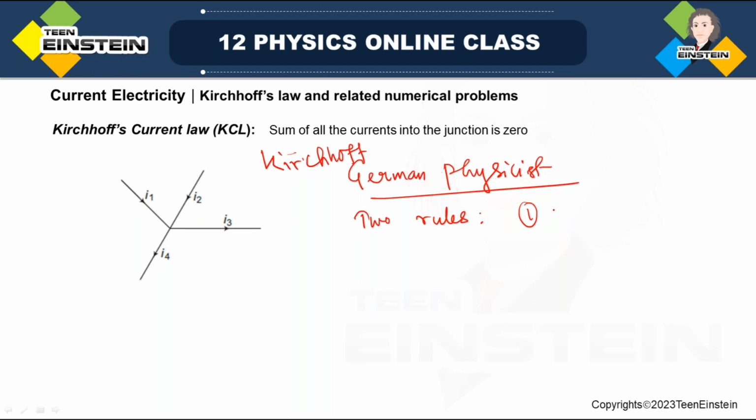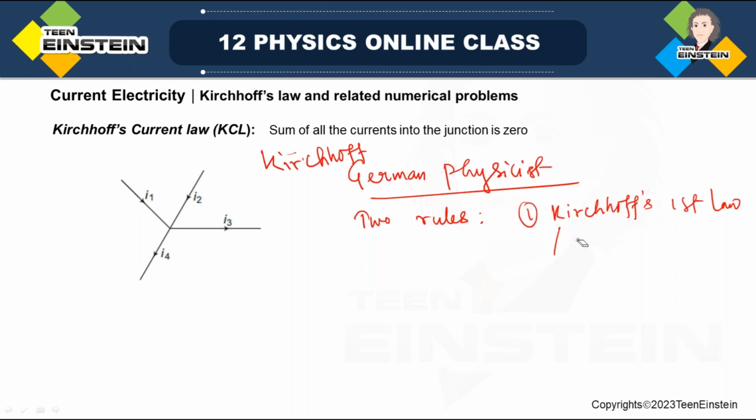Kirchhoff's rules have different names. The first is Kirchhoff's first law, which has another name, Kirchhoff's current law.